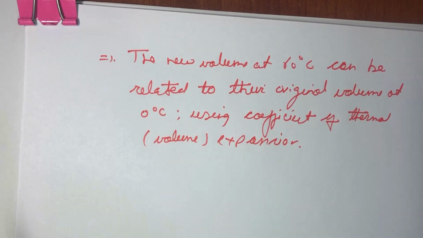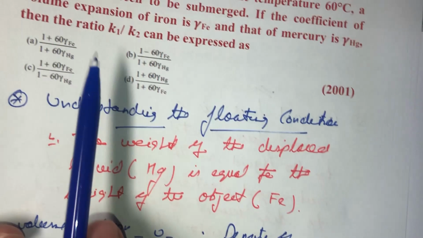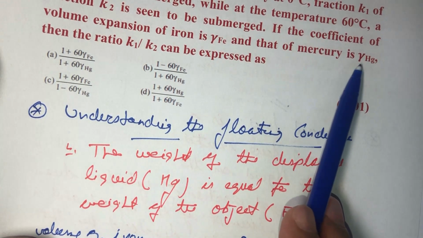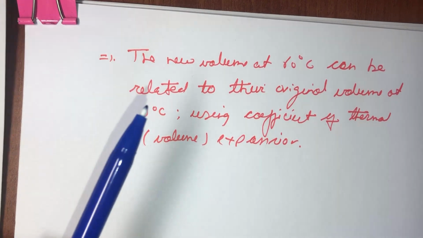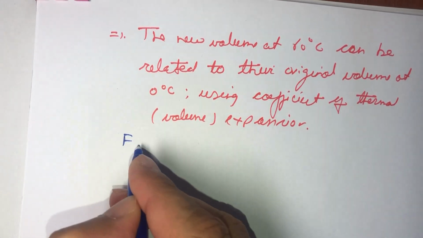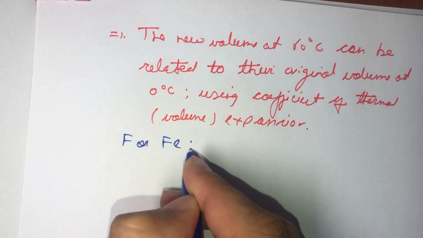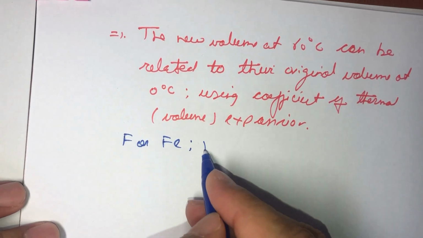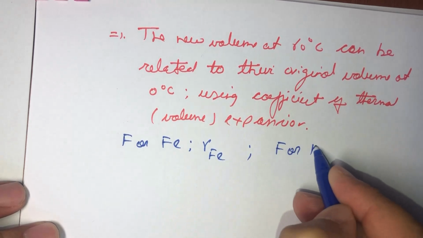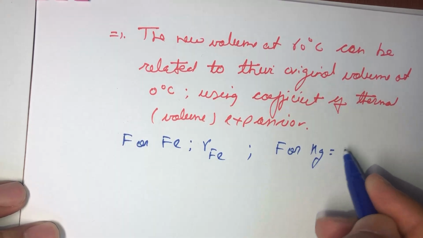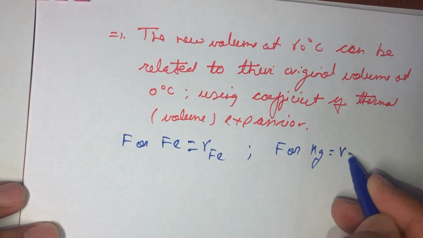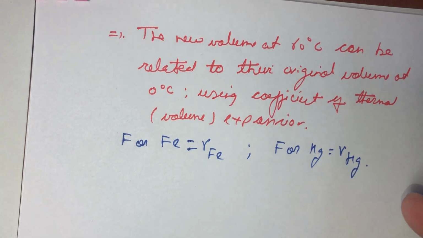And in the question itself, it is given as coefficient of volume expansion for iron is gamma Fe, and that for mercury is gamma Hg.